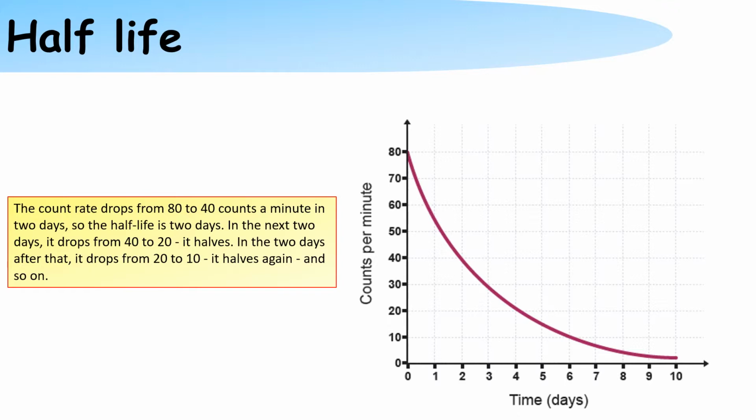So in this example, we start off with a count of 80. It takes 2 days to go down to 40, so therefore one half-life is 2 days. It then takes a further 2 days to reduce to 20, and then a further 2 days to reduce to 10.